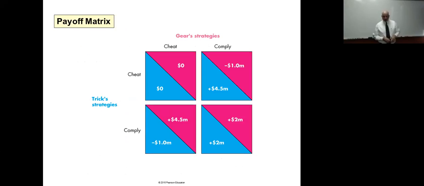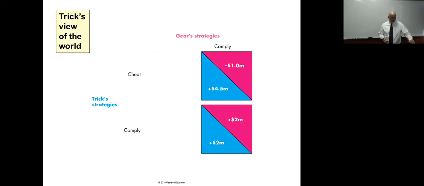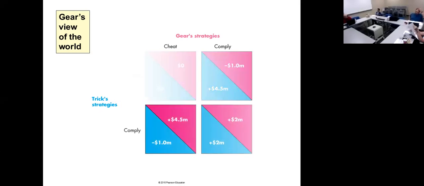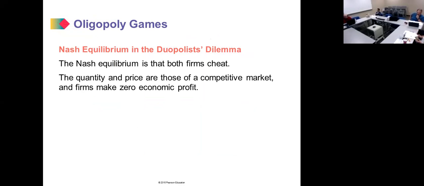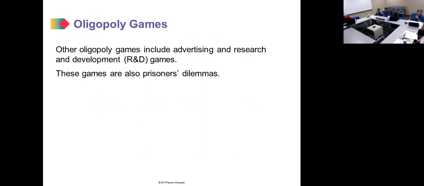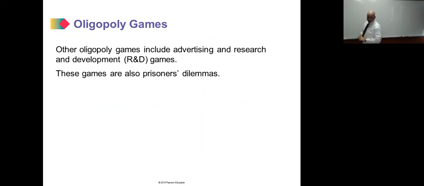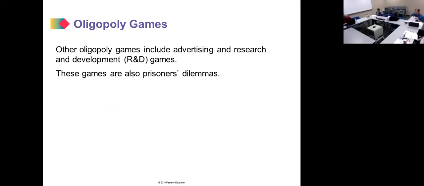All right, again, we could apply a payoff matrix here. All right, other oligopoly games include advertising and research and development.